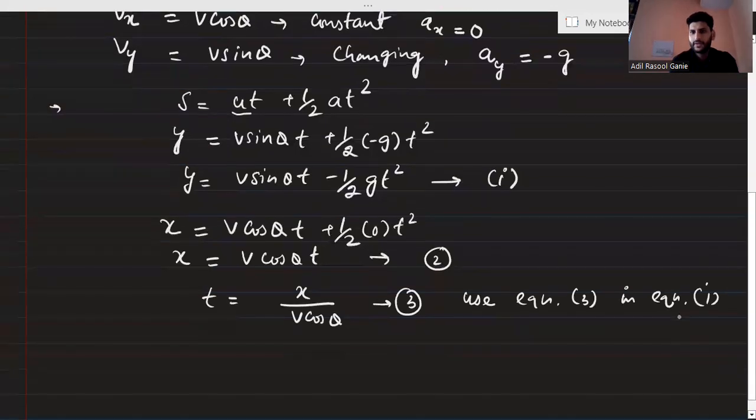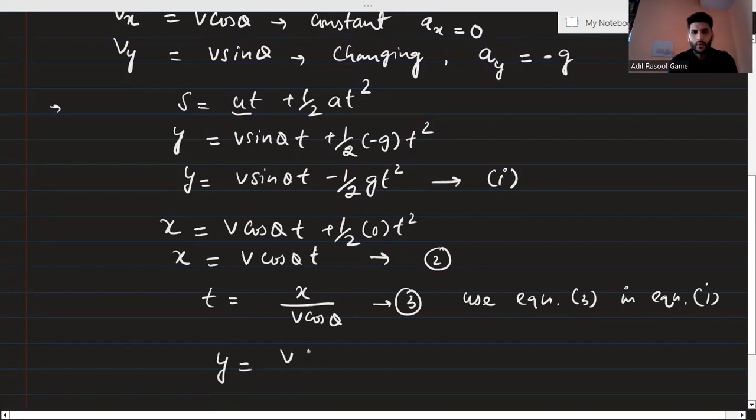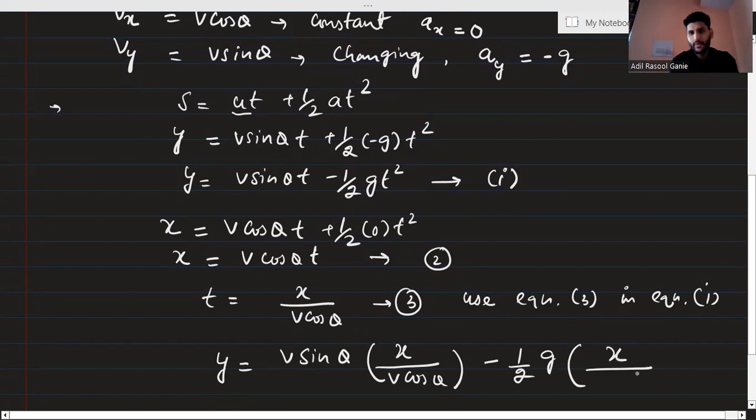So if I use this in the first equation, I'll get y is equal to v sin theta, and instead of t in the first equation, I'll use x upon v cos theta, then minus 1/2 into g, and in place of t square, I'll write x upon v cos theta whole square.